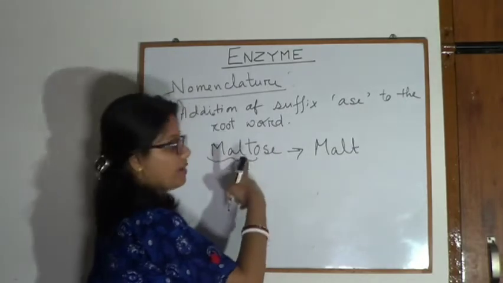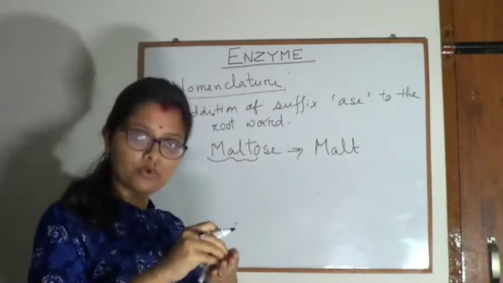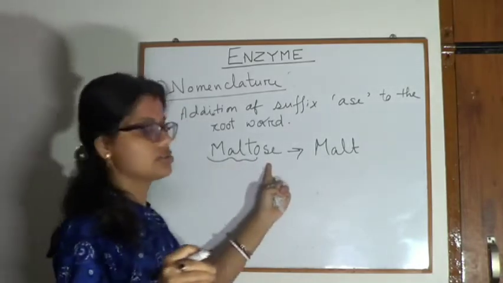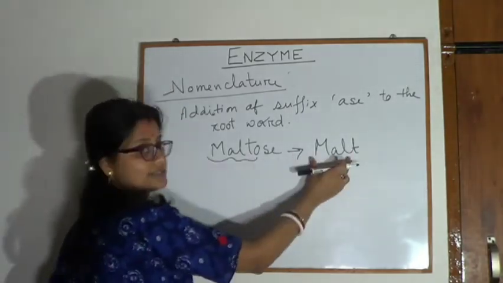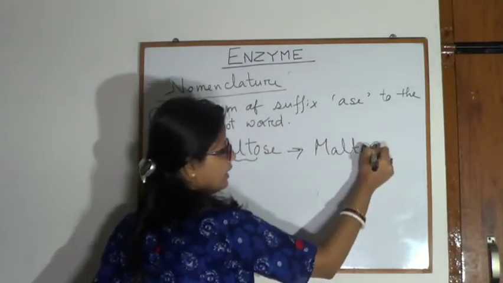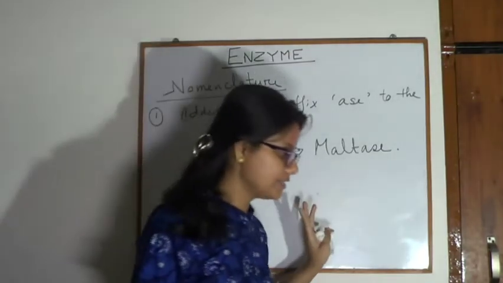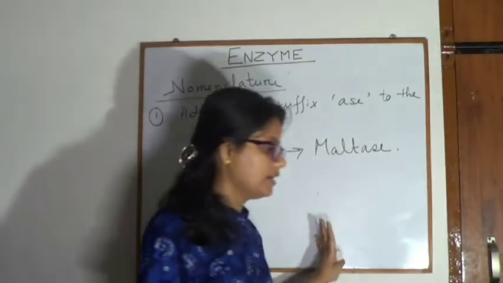Maltose is the substrate on which the enzyme will work. The root word is malt, and with the suffix -ase it becomes maltase.